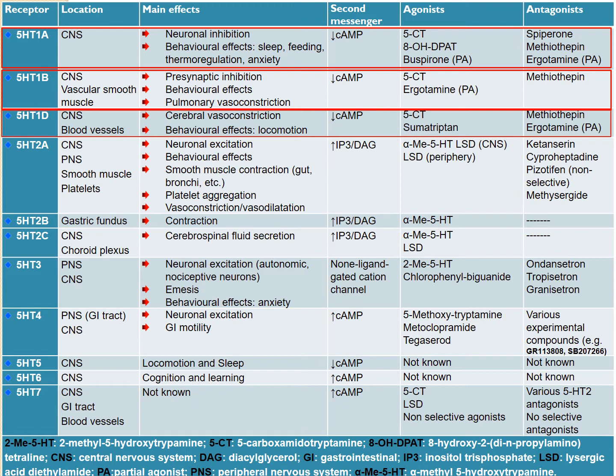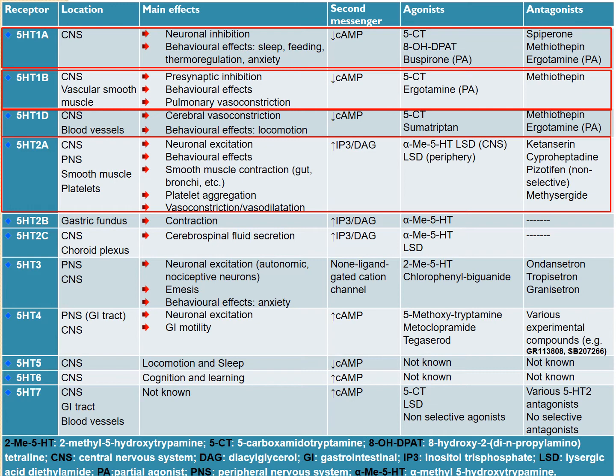The secondary messenger of the 5-HT1D receptor is cAMP, and this receptor functions through decreasing the intracellular concentration of cAMP. The agonists of this receptor are again 5-CT, that is 5-carboxamidotryptamine, and sumatriptan, and the antagonists are methiothepin and ergotamine. Then the fourth receptor is the 5-HT2A receptor.